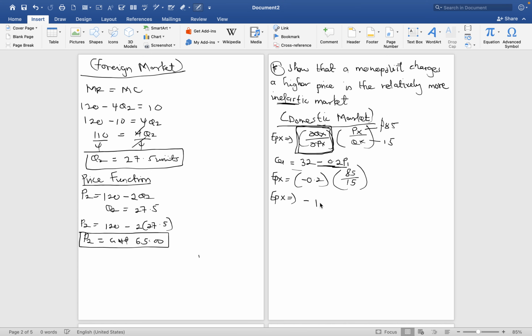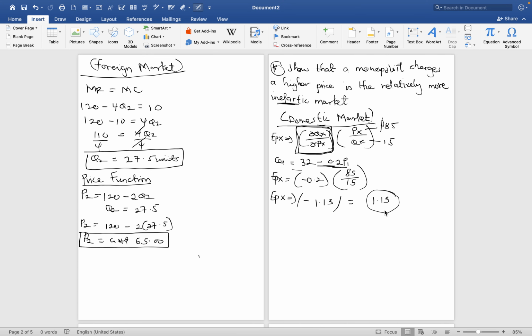Minus 1.13. Remember, with own price, we always take the absolute value. So this is 1.13. Now, show that a monopolist charges a higher price in a relatively more inelastic market.